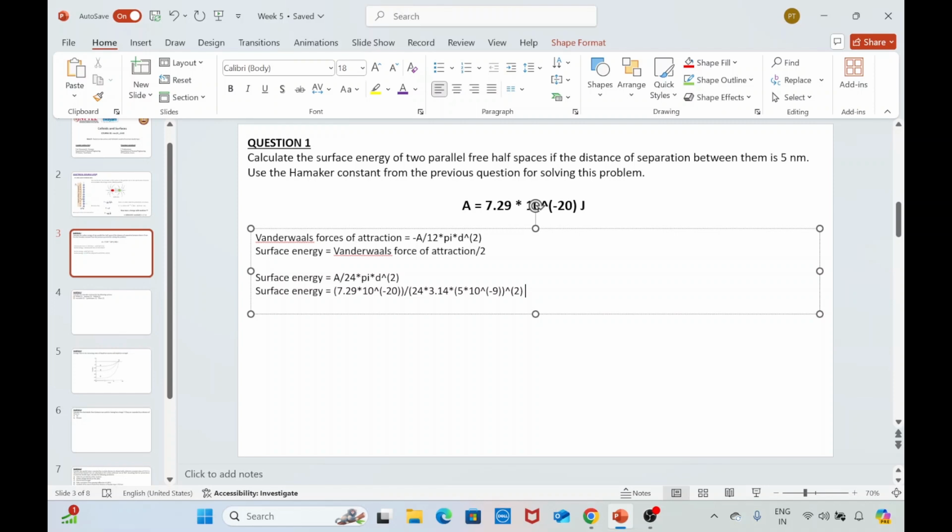So surface energy is A by 24 pi d square.